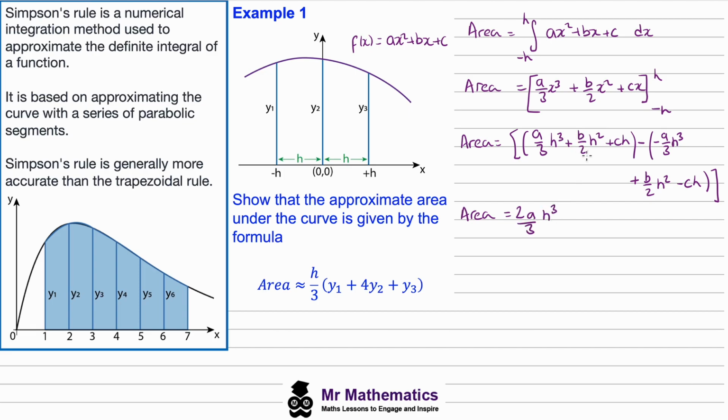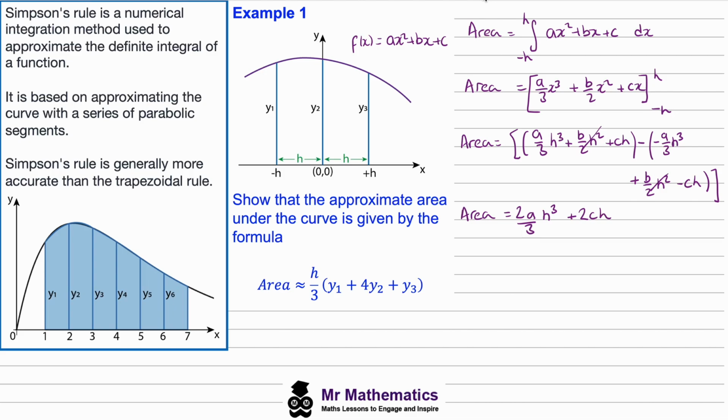This positive b over 2 h squared will cancel with this negative b over 2 h squared. So these will cancel. And this ch will add with this positive ch. So we'll have 2ch. Okay? But what we want to do now is we want to work out this area in terms of our y values.